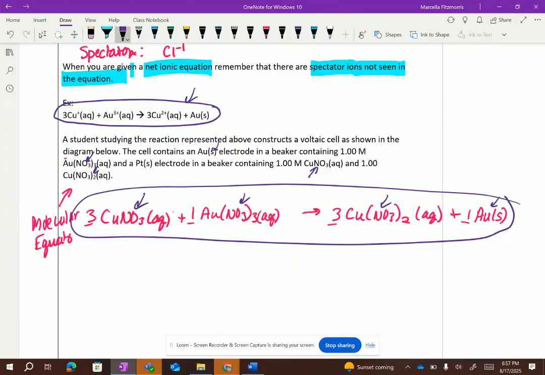Know there's a molecular equation there, and that the rest of these things that are not in this net are there because they're spectators. NO3 is always a spectator. That's why it wasn't written in the net.